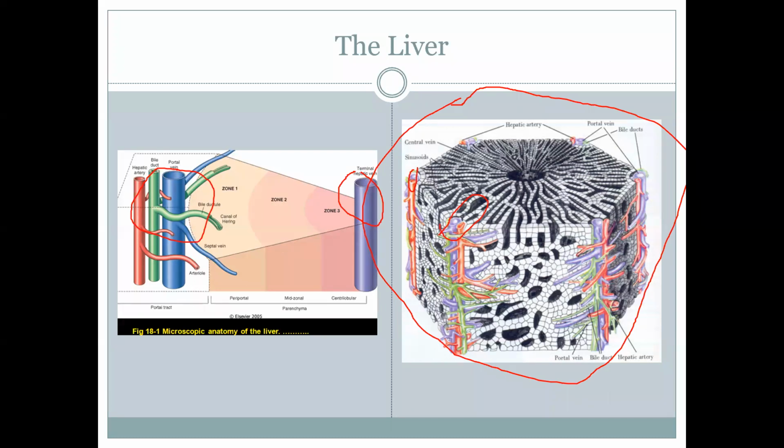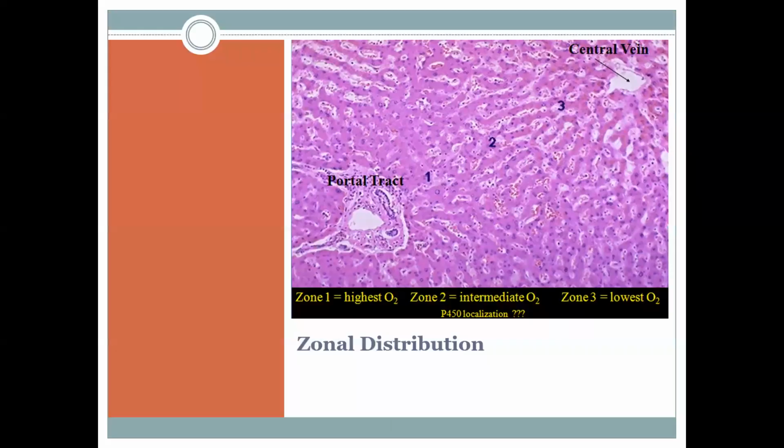So in case of a toxin injury, it is going to be the area that we look at under the microscope to see if it has suffered any kind of injury in the process of detoxifying a certain toxin. All right, the same exact thing right here. So you have the three regions that we have talked about. You have zone 1, and then you have zone 3, which is the central zone, and then zone 2 is the one in between them.